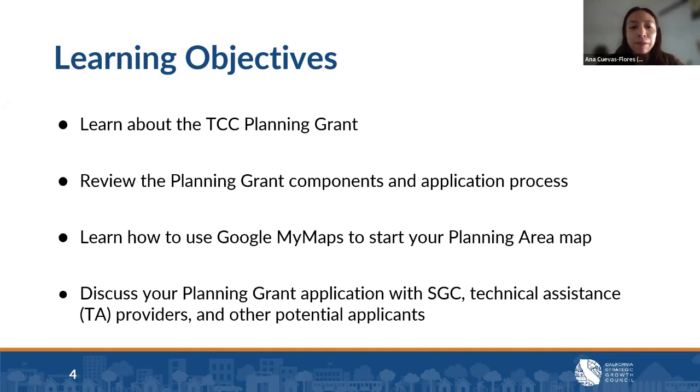And then with that, we will also learn how to use Google My Maps so that you all can start planning your area for the planning area and getting those maps ready as we gear up for the application. At the end, we'll discuss your planning grant application with SGC and the technical assistance providers and other potential applicants with these breakout rooms and the Q&A discussion session at the end.